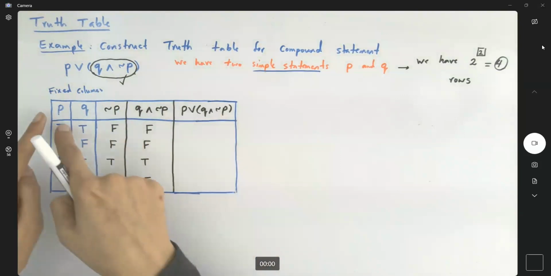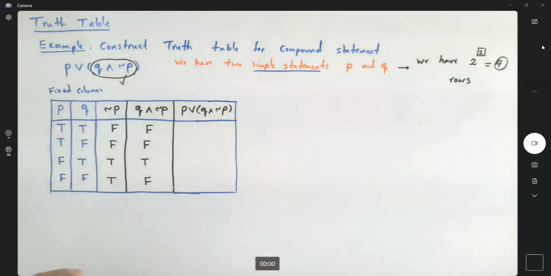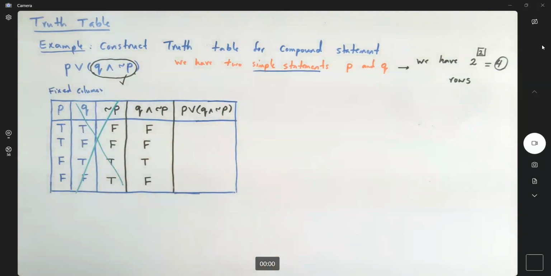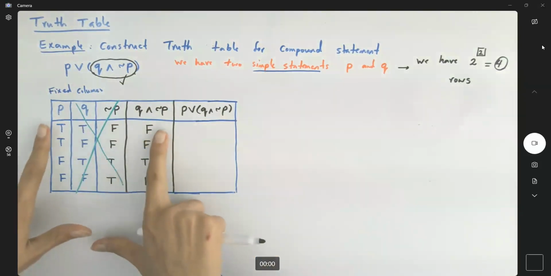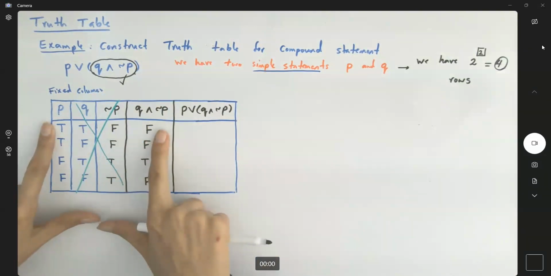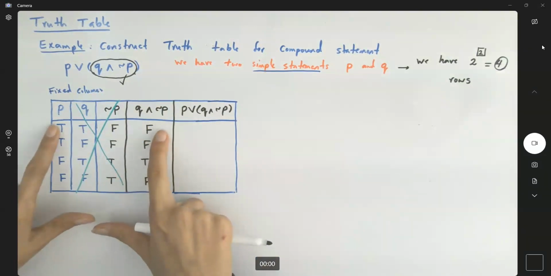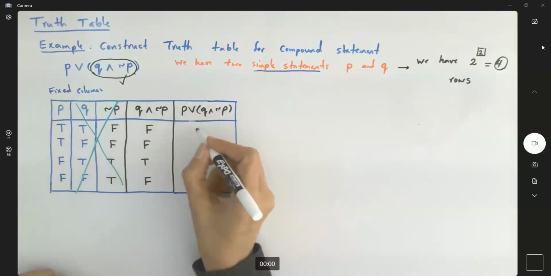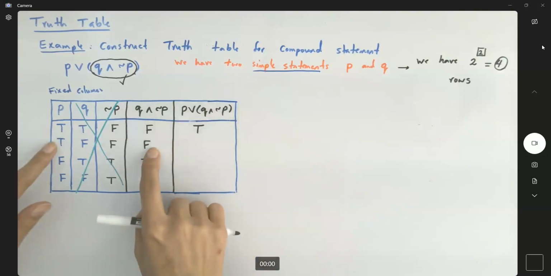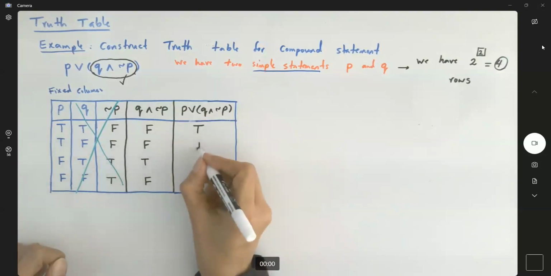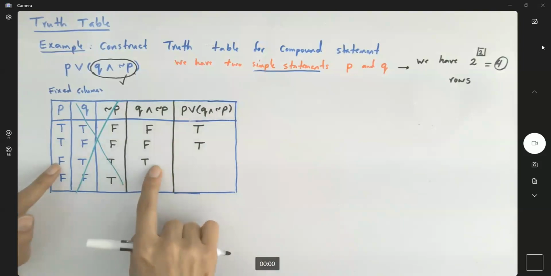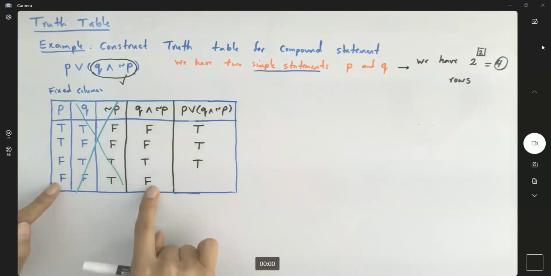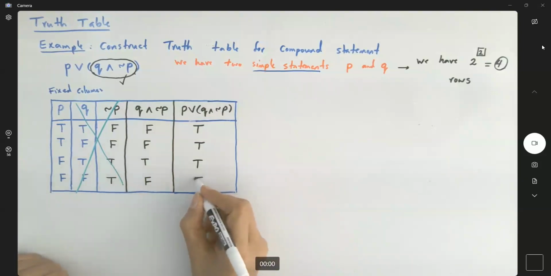We need the value for P. So for now, forget about these two middle columns. We don't need them anymore. We are just combining these two columns. So true or false, true. True or false, true. False or true, true. False or false is false.